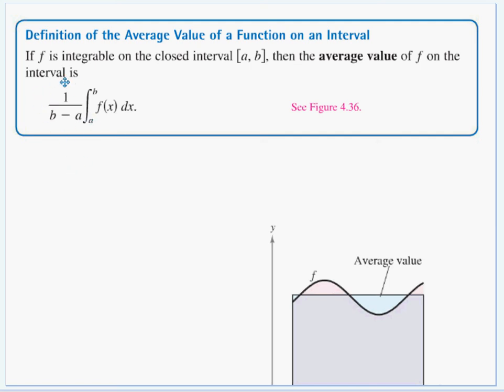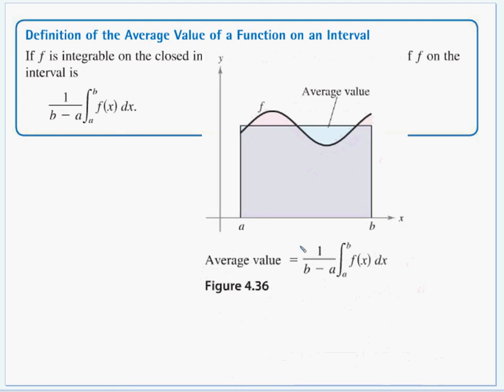The fraction is 1 over b minus a. That is the fraction that will reduce this area down to that average value. So this definition says if f is integrable on a closed interval from a to b, then the average value of that function on that interval is 1 over b minus a times our definite integral.